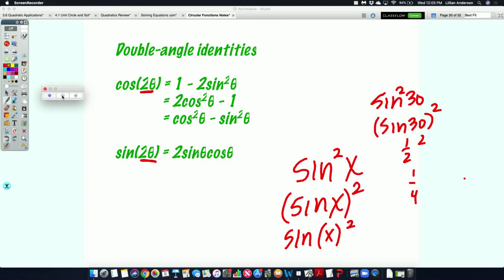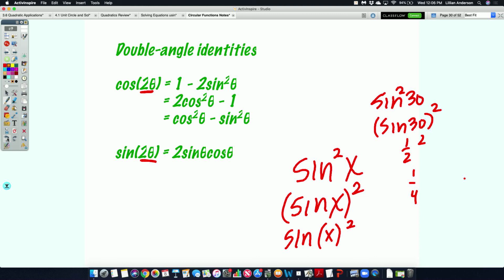Okay? So sine squared x is basically you're squaring sine x. There's a difference between this on top and this on the bottom. So then that's like squaring x and then doing the sine of that.